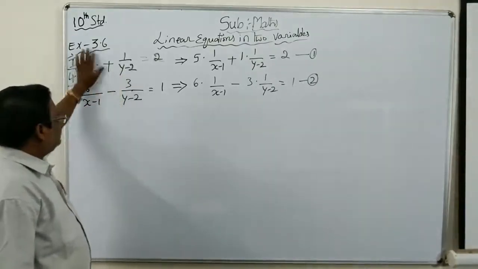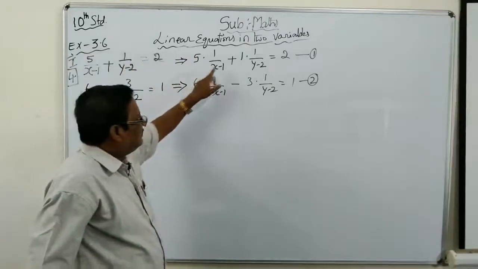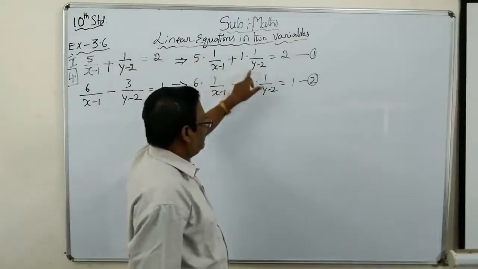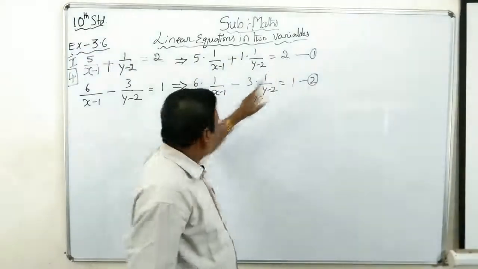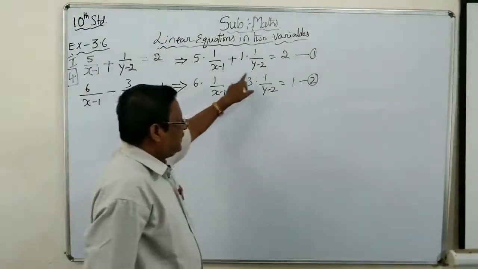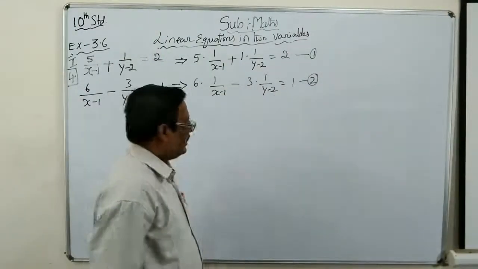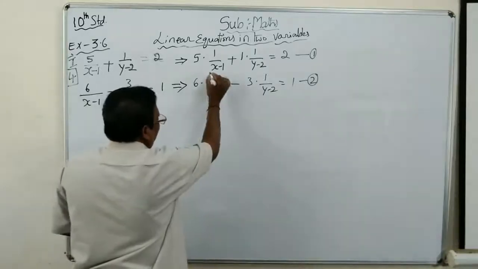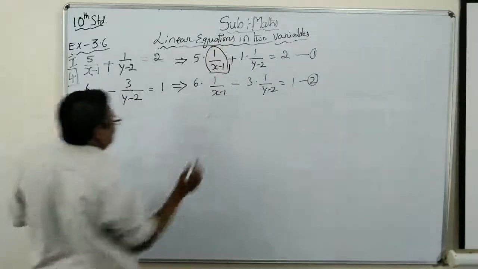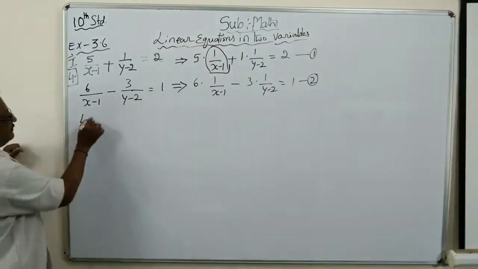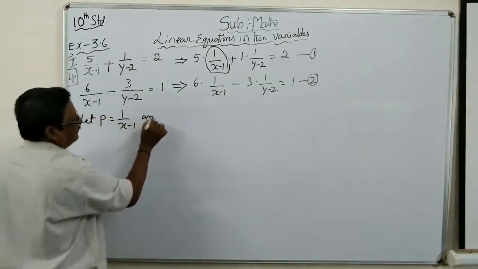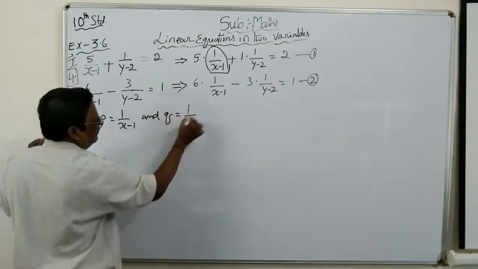It means 5 into 1 by x minus 1 plus 1 into 1 by y minus 2 is equal to 2, and 6 into 1 by x minus 1 minus 3 into 1 by y minus 2 is equal to 1. Let p be equal to 1 by x minus 1 and q be equal to 1 by y minus 2.